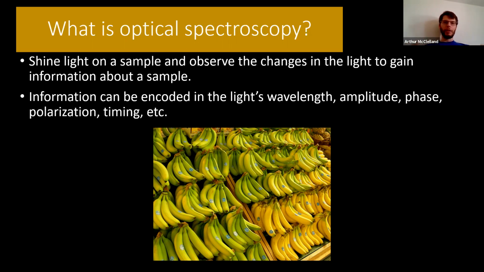So there's lots of information encoded in the light after it interacts with the sample, and we're going to see different ways today of pulling out that information and trying to understand exactly what it's telling us.